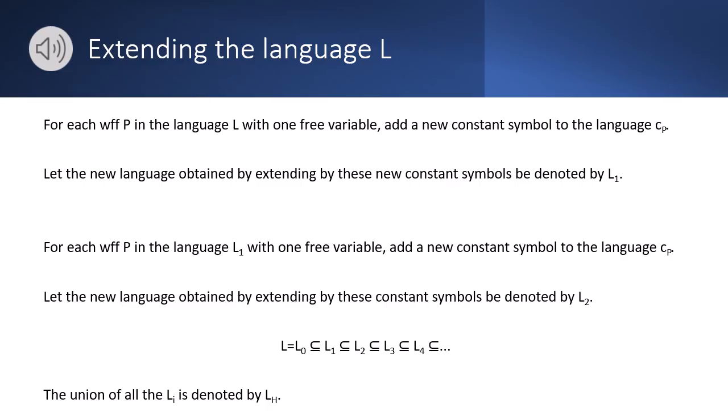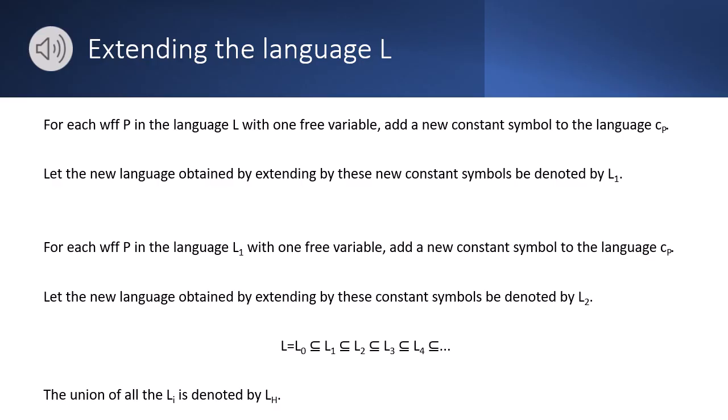But again, we run into this problem at L2, and so we can build up L3 and then L4 and L5 and so on and so forth. We get this infinite chain of languages nested inside of each other. If we denote our original language by L0, this sequence of sets is a sequence of subset relations.